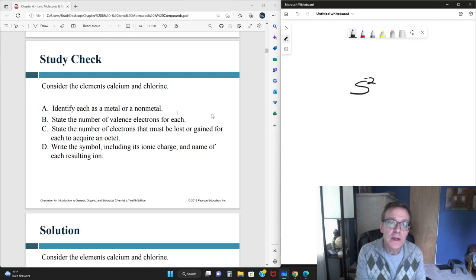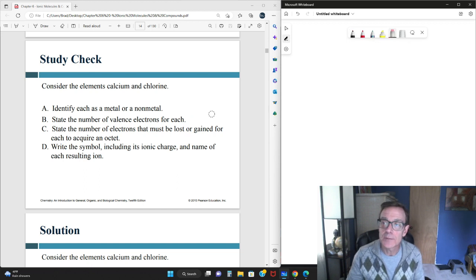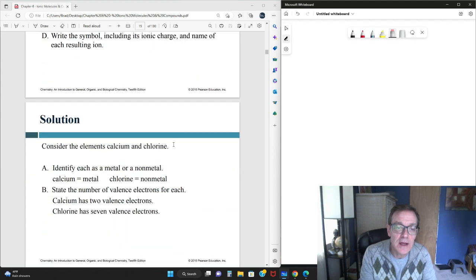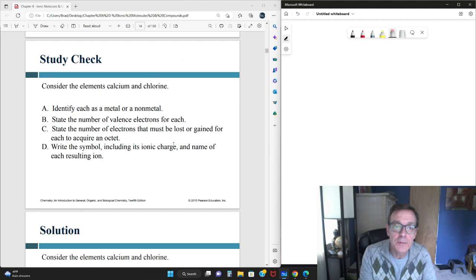And let's see here. So let's look really quickly. Proof of mastery here. Calcium and chloride, which is a metal and which is a non-metal. Okay, go down. Calcium is a metal. Chlorine is a non-metal.